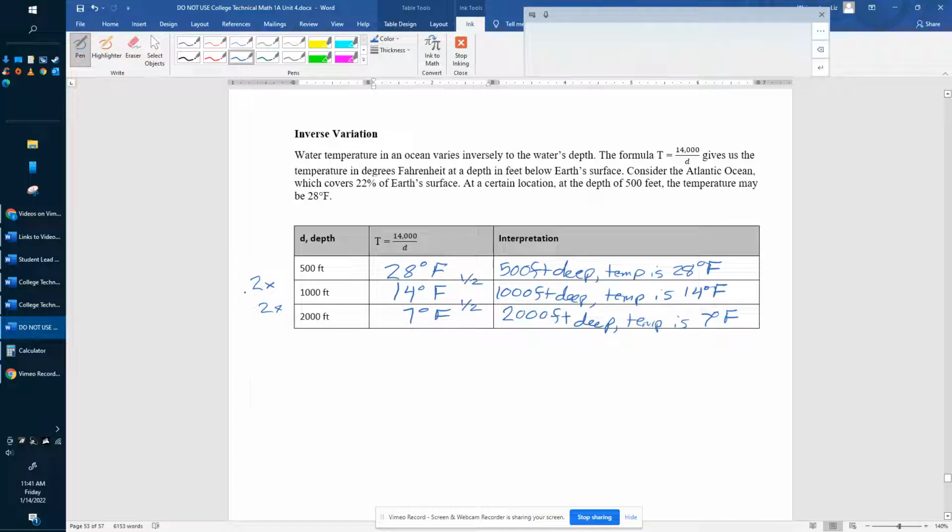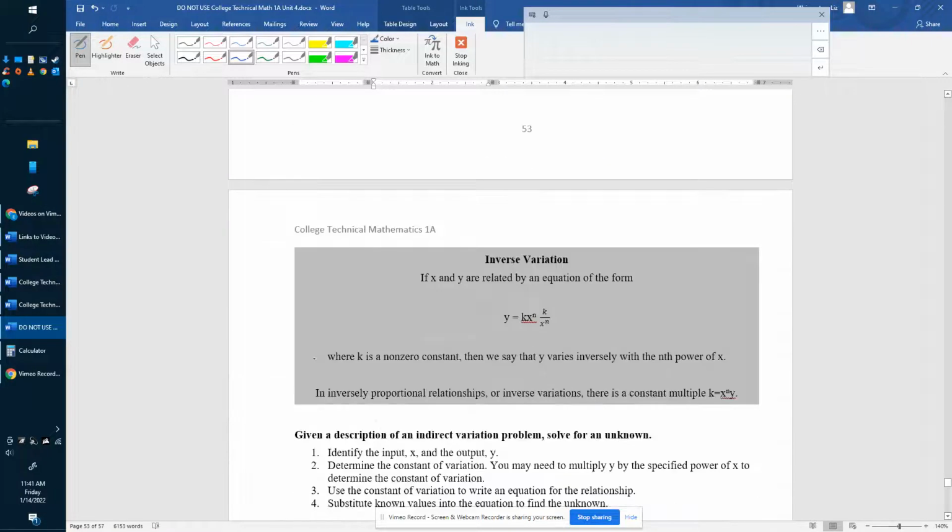So in this relationship, as the depth gets bigger, the temperature gets smaller, but it gets smaller at the same rate. As the depth increases, we multiply by 2, and the temperature decreases by dividing by 2. That is an inverse variation relationship.